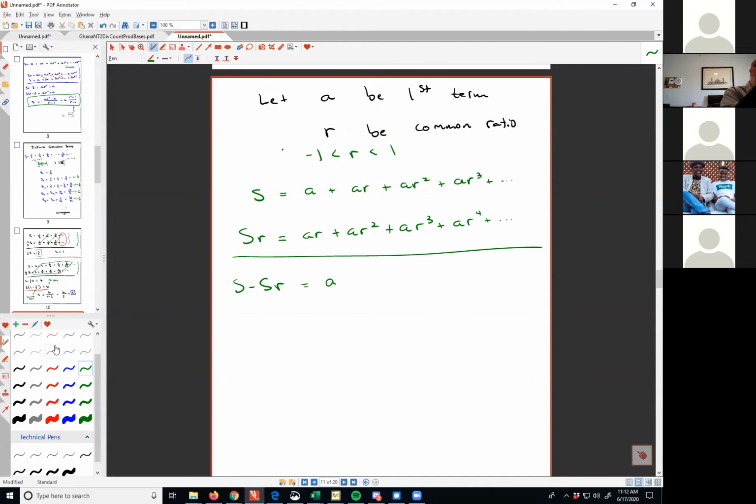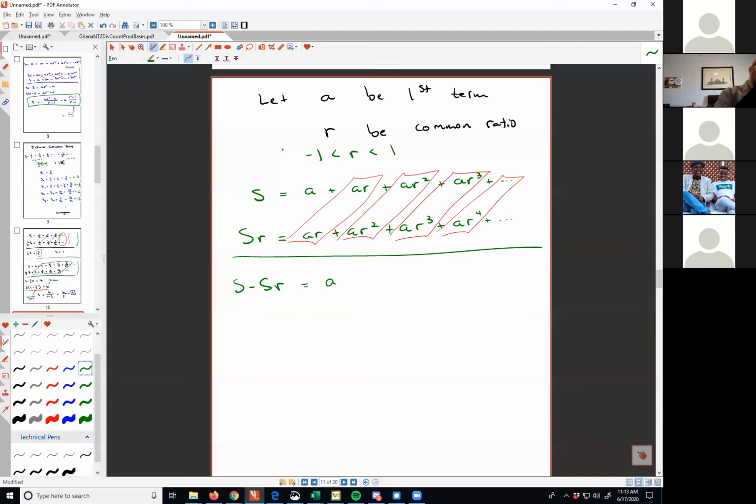The only thing that does not cancel on the right-hand side is A, because every term has a companion, even if we haven't written it yet. So now we need to manipulate this equation. Salorm, what can we do?